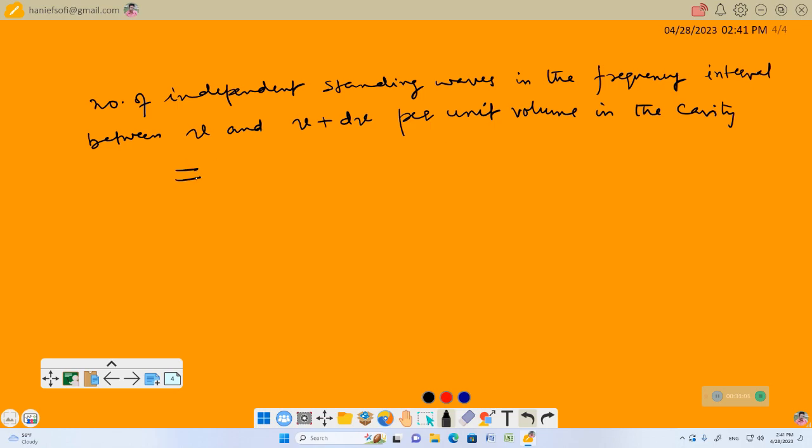We denote this thing by g of nu d nu. What is g of nu d nu? It is the number of independent standing waves in the frequency interval between nu and nu plus d nu per unit volume in the cavity.